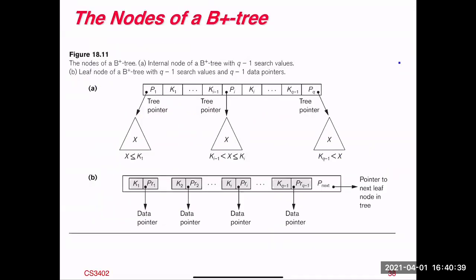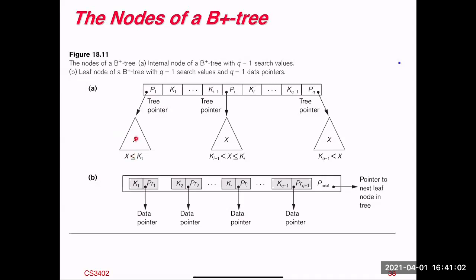So here is a concrete example for a B plus tree. Up here we have basically the formal definition of an internal node, right? So we have all these tree pointers here that are interleaved by the search key values. And underneath each of these subtrees, you can see the corresponding condition that needs to hold, right?